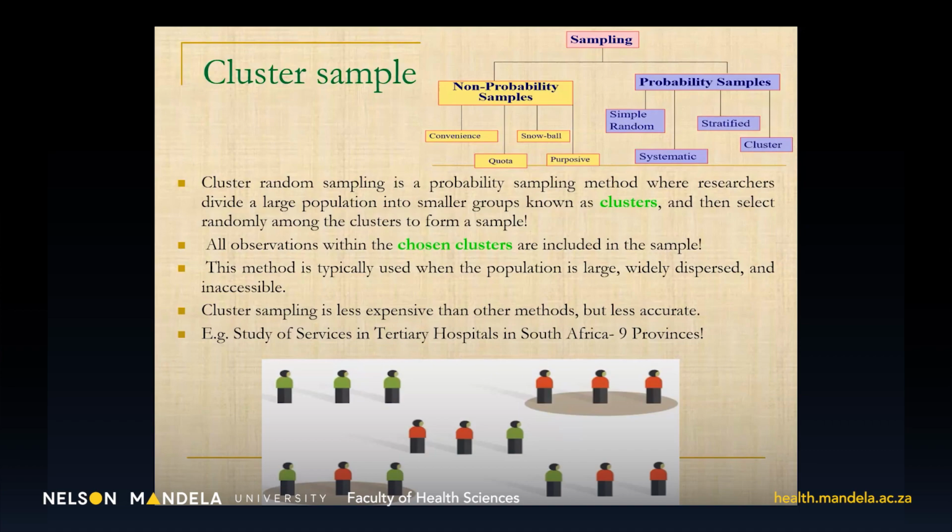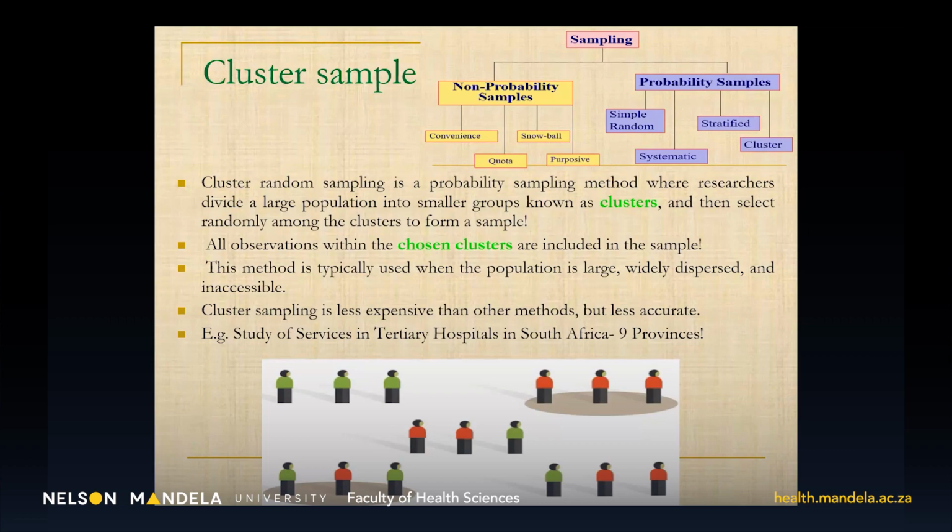You want to look at how patients access services in tertiary hospitals. You should remember in this country, hospitals are put into different levels. So you have tertiary, secondary, and I think we all know that, then primary, and then clinics and things like that. I want to look at how people access services at tertiary hospitals in South Africa.